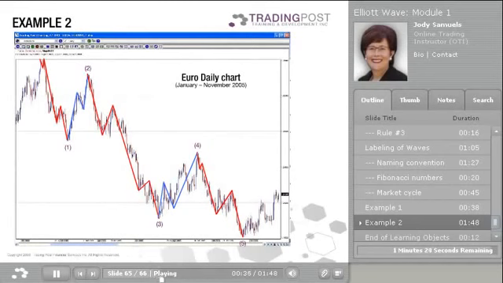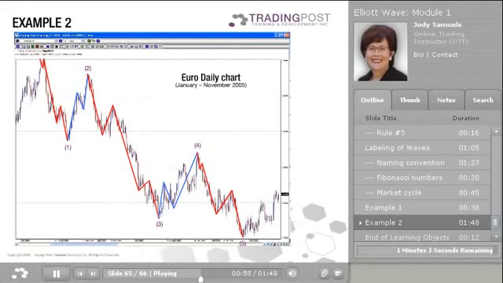Waves 2 and 4 break down into their ABC 3-wave corrective patterns, which correct the trend. 21 waves are evident on this chart, but of course we could further label the subwaves and come up with 89 subwaves. This illustrates how the Fibonacci sequence is evident in the wave patterns or form.